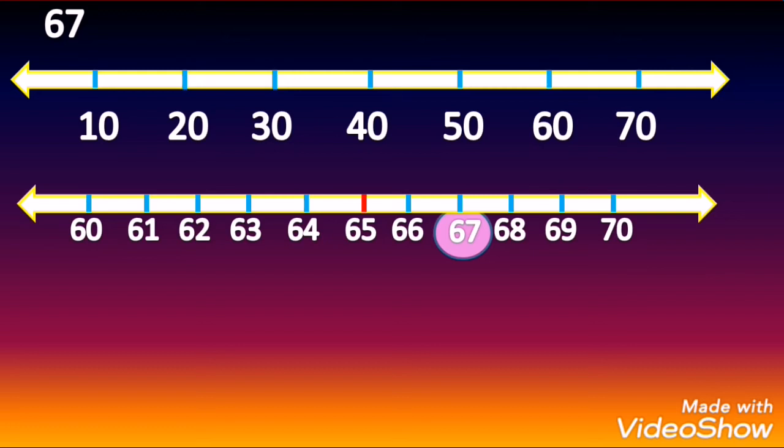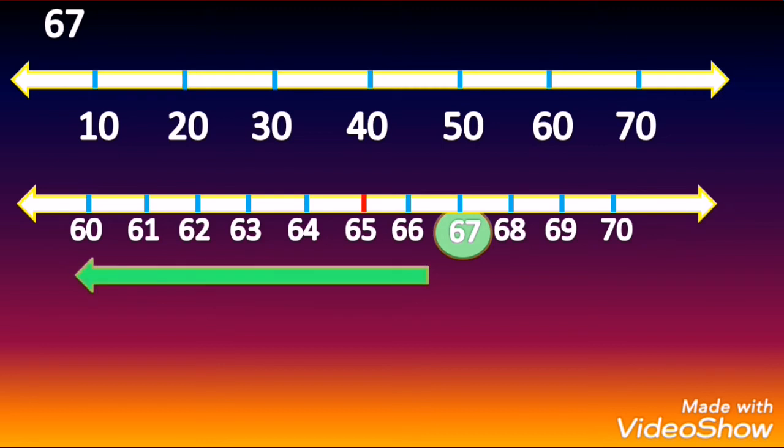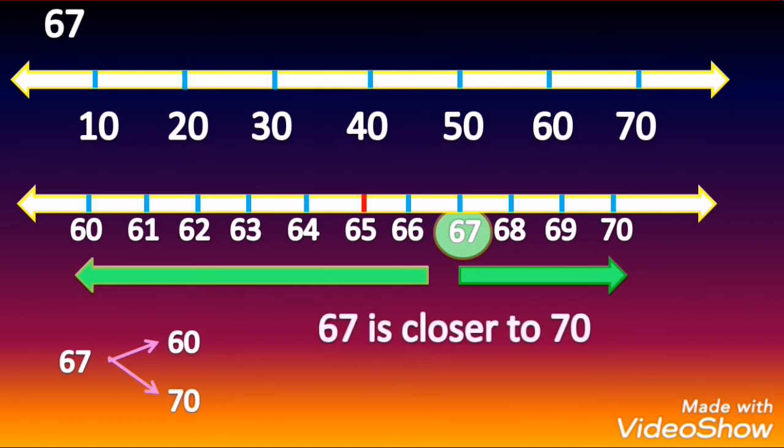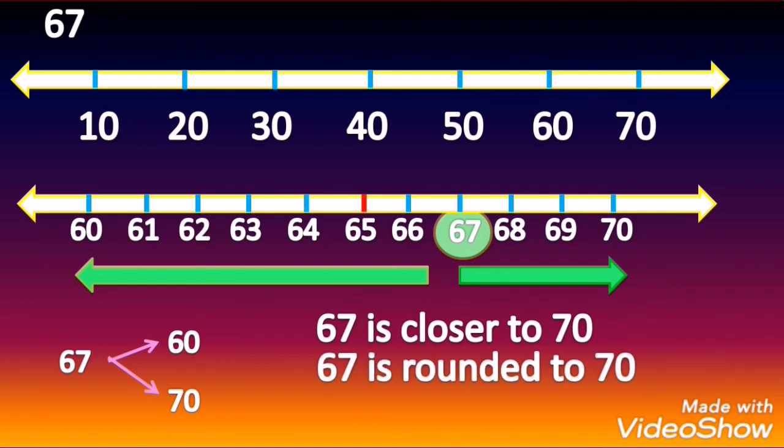So you can say 67 is far away from 60, whereas it is very close to 70. 67 lies between 60 and 70, but it is very close to 70. So we can round 67 to the nearest 10, that is 70. So 67 is rounded up to 70 as it is very close to 70.